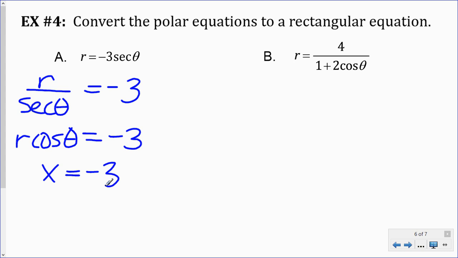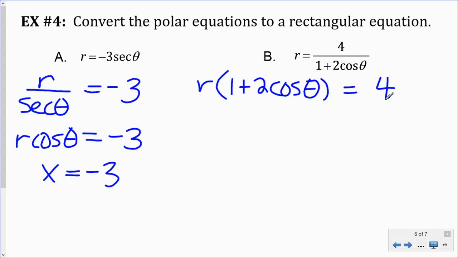Okay, now let's look at B for a minute. So we have r equals 4 divided by 1 plus 2 times cosine theta. So the first thing I'm going to do is multiply by 1 plus 2 cosine theta on each side. So we'll have r times 1 plus 2 cosine theta equals 4. Okay, at least we don't have a fraction anymore.